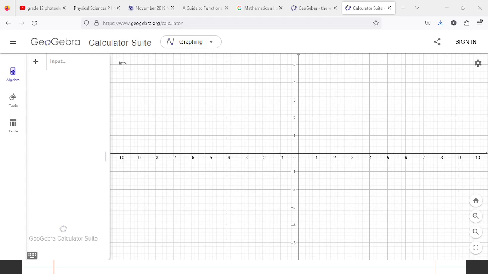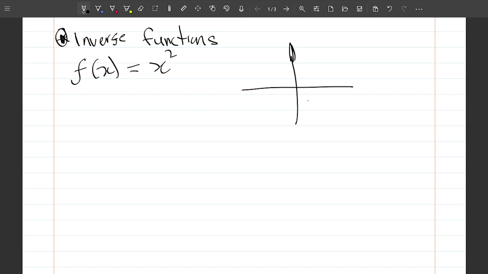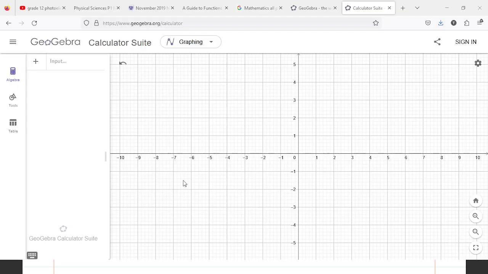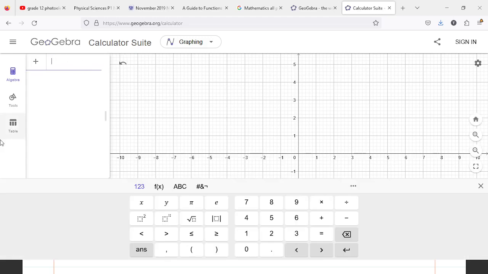It's a parabola that smiles. Let's use GeoGebra to graph this equation. Our f of x, we'll just say y is equal to x squared. This looks something like that. It has the turning point at the origin, and then it goes back outwards.